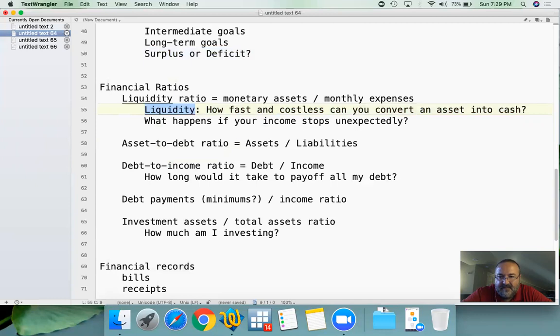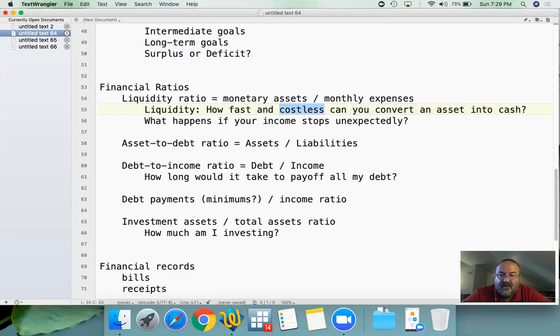And it's not that easy, not that fast. The key term here is costless. If I were to sell that car, there are a bunch of these dealers all around. They say, we buy cars. So you drive in and say, I want to sell this car. The guy says $2,000. Well, you know the blue book value and the internet value, 15, 16,000. The guy says $2,000, take it or leave it.